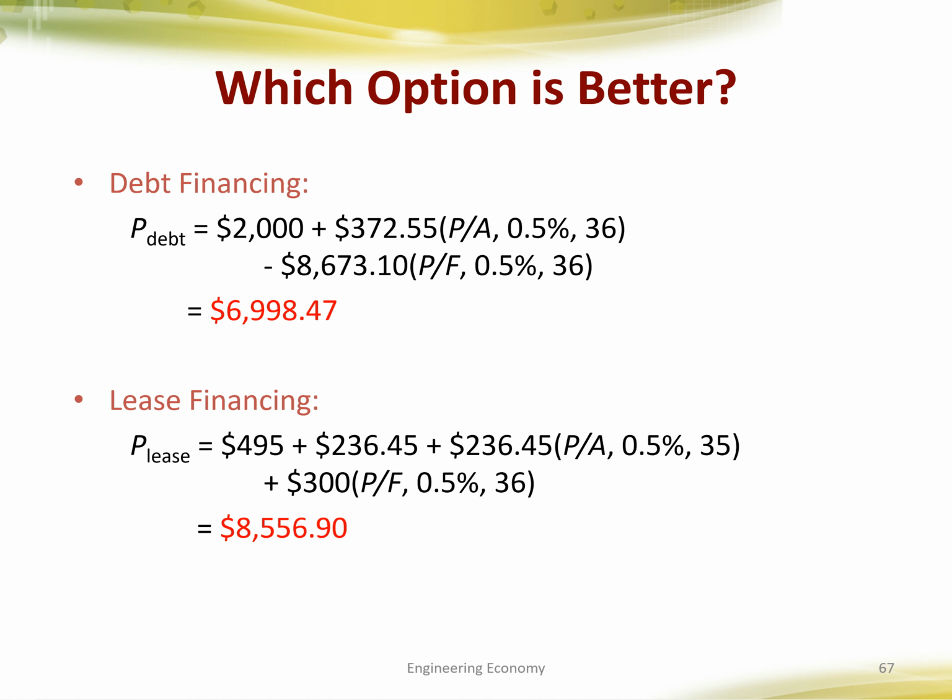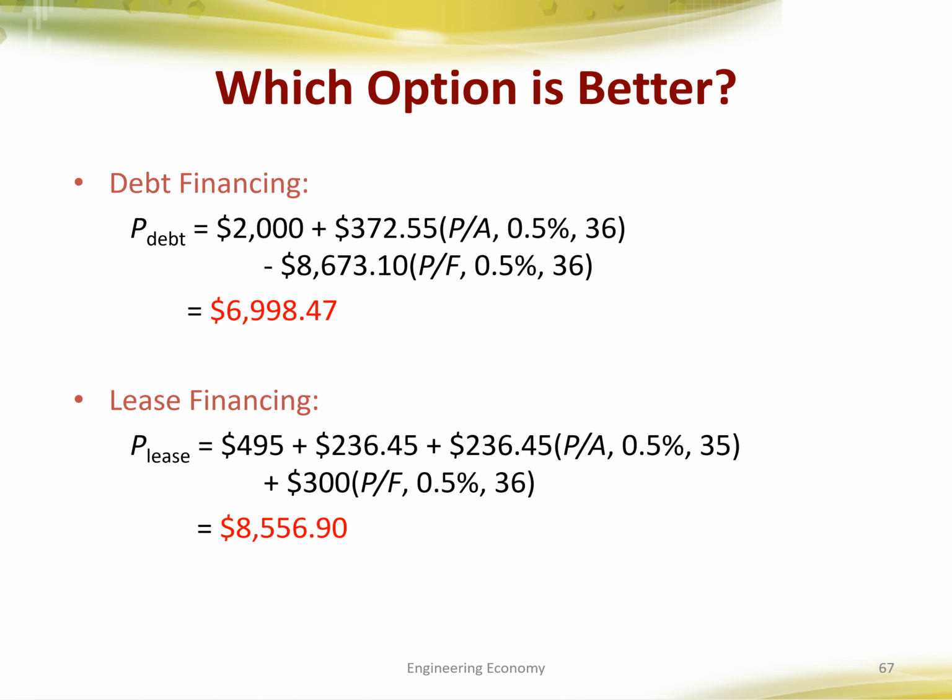If we use leasing, the result will be over 8,500. Okay, so because we take both of the series of cash flow to the present time, the comparison is reasonable.